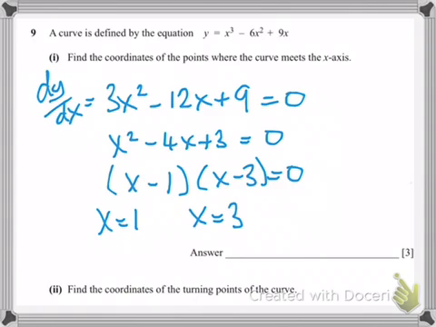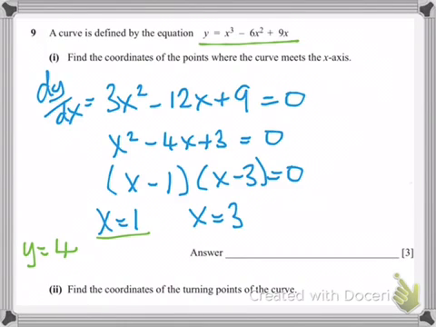So the coordinate needs now the y values. So when x is equal to 1, we simply put it back. Do not put it back into the derivative. Put it back into the top curve to find your y value. So when x is equal to 1, y is equal to 1 cubed minus 6 times 1 squared plus 9, so y is equal to 4.